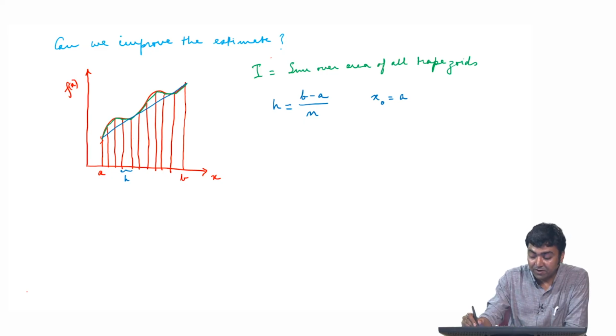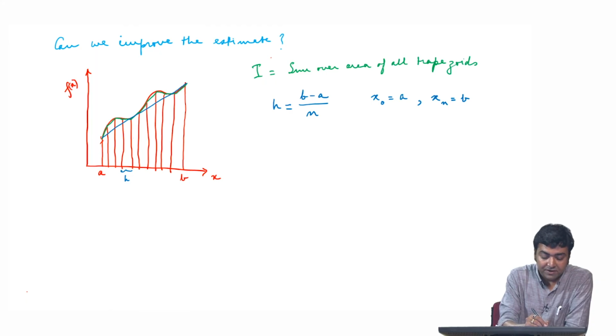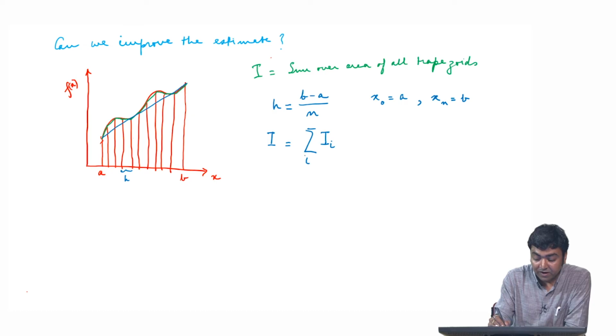So, my x 0 is a and my x n is equal to b. Okay. Because of this discretization into smaller parts, I now have n trapezoids. So, my integral will amount to the sum of the area of my ith trapezoid, where i runs from 1 to n.